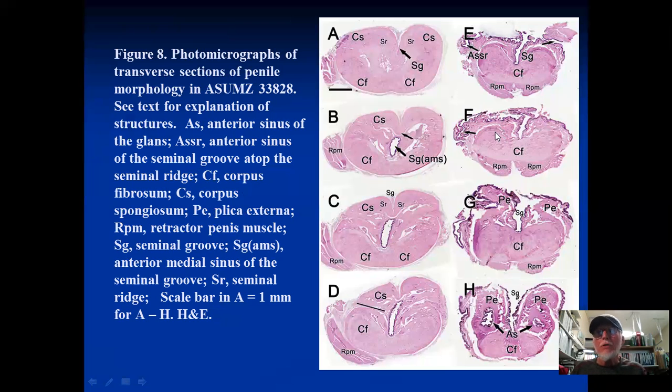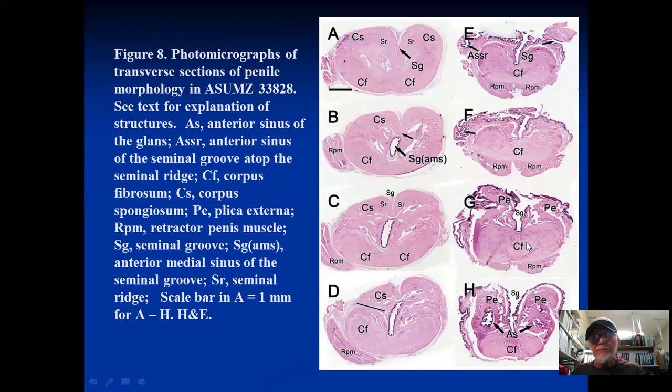As we move more posteriorly, though, we find that the corpus spongiosum now becomes elaborated into this fold called the plicae externa. On both sides, these folds become quite large and folded, as we'll see in the next slide.